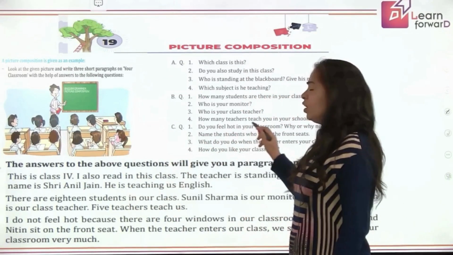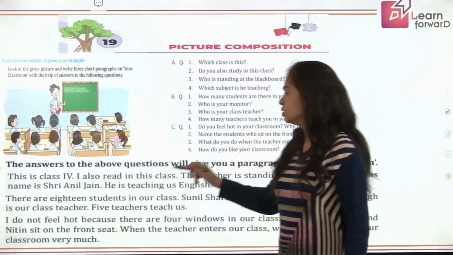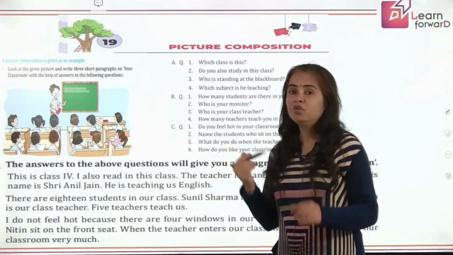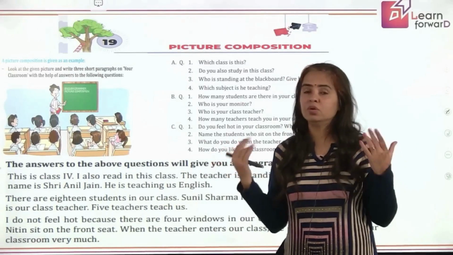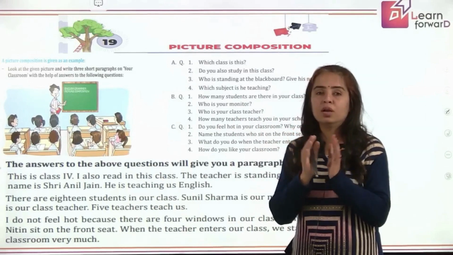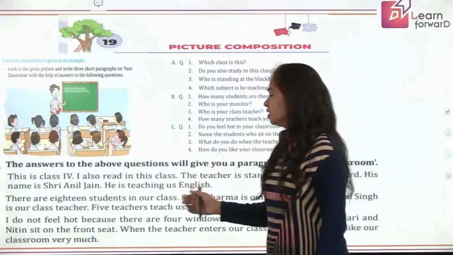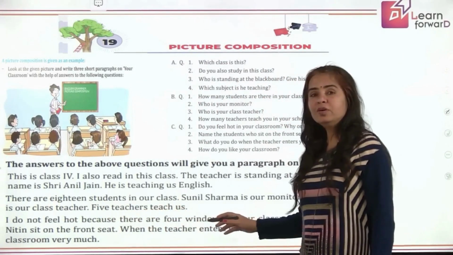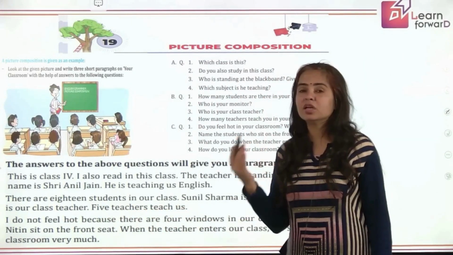Now, do you feel hot in your classroom? You'll say, I do not feel hot. But why? You have to give a reason. If you feel hot, you can say because the windows are not there or the room is closed or the room is small, right? But here the child is satisfied and he's saying, I do not feel hot because there are 4 windows. So windows help the fresh air come in.